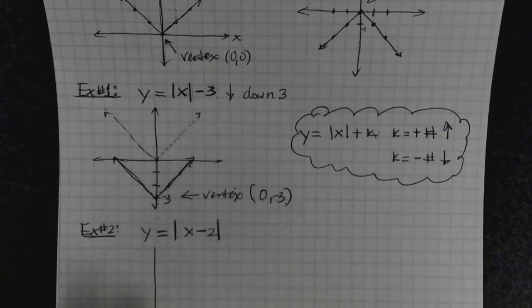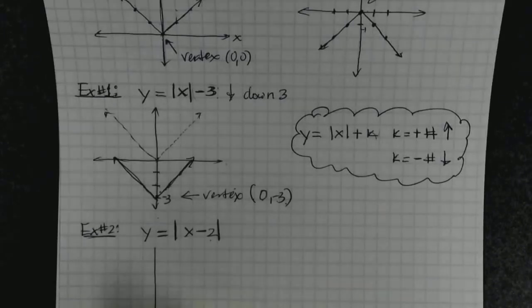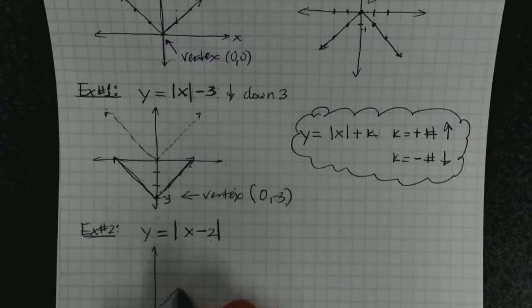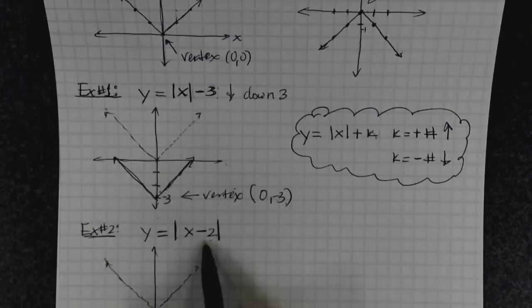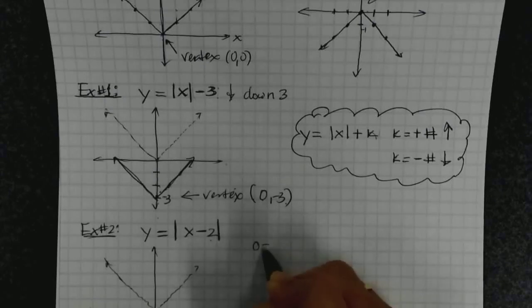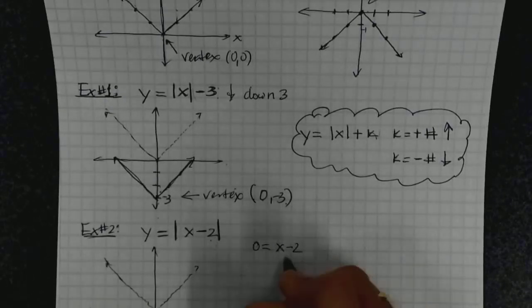What this does is we take the original V with the vertex at the origin. Here's the vertex at the origin. And what happens is when y is equal to 0, because it's going to be along the x-axis, I'm going to set y equal to 0, and x minus 2, and we're going to solve for x.